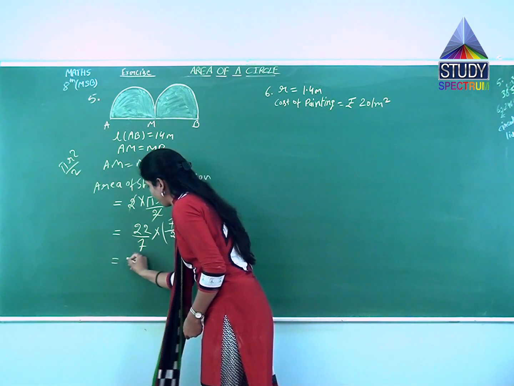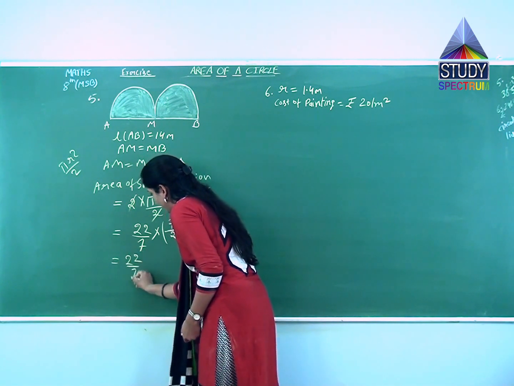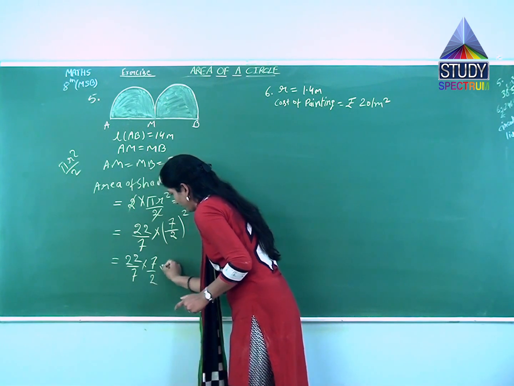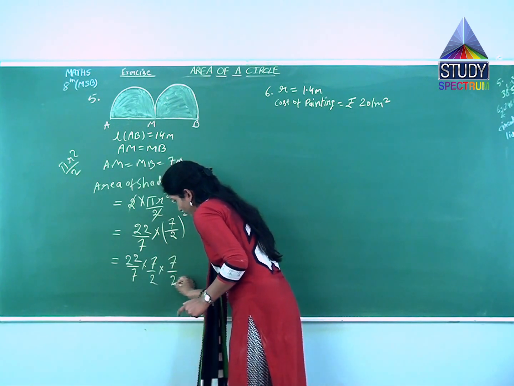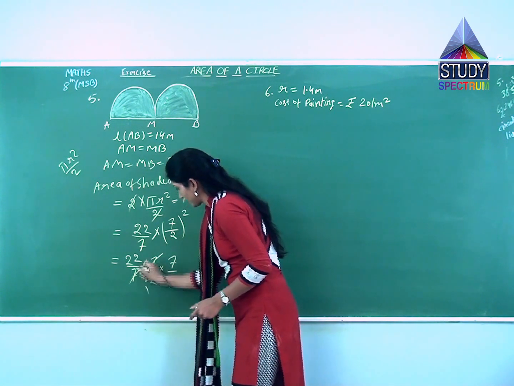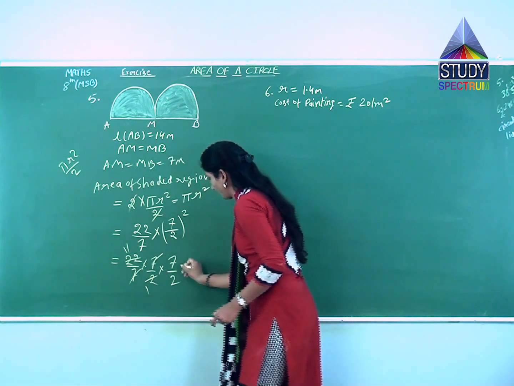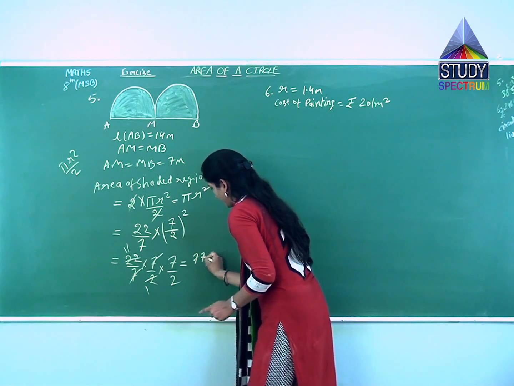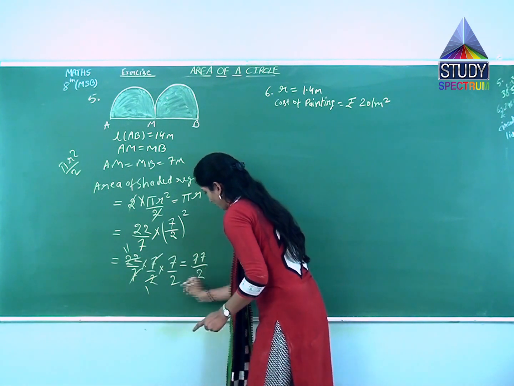Now in the next step, 22 by 7 into 7 by 2 into 7 by 2. This 7 and this 7 will be cancelled. 2 ones are 2, 2 11s are 22. In the next step, 11 into 7, 77 upon 2.